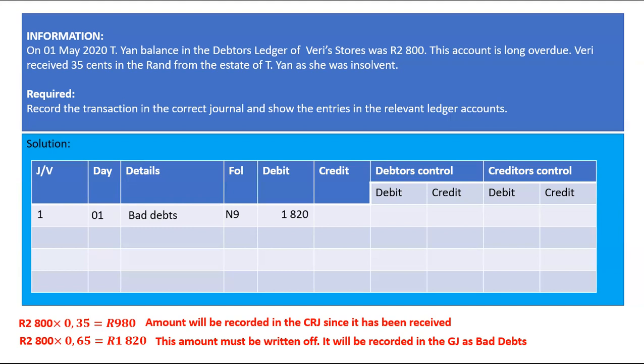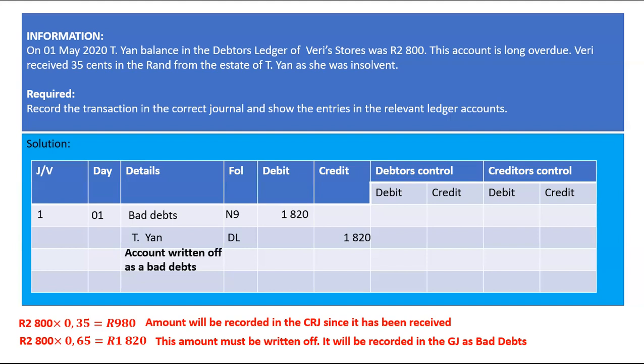The credit entry, which must be written slightly to the right, will be the name of the debtor, and that is T-Yuan. The amount relating to that account will be written on the credit side as 1,820. Write the narration, which is account written off as a bad debt.